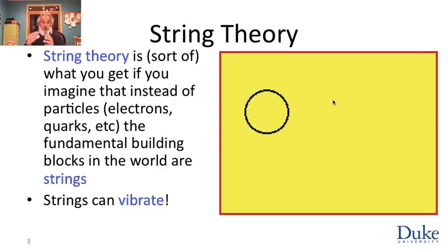And even if the string is not moving globally, that part of space has an infinite number of motions it can do. Essentially, there are harmonics, there are waves that run around the string, and it can vibrate. This makes a theory of strings infinitely more complicated than a theory of particles, because a string can do an infinite number of things. But it's also infinitely more interesting.